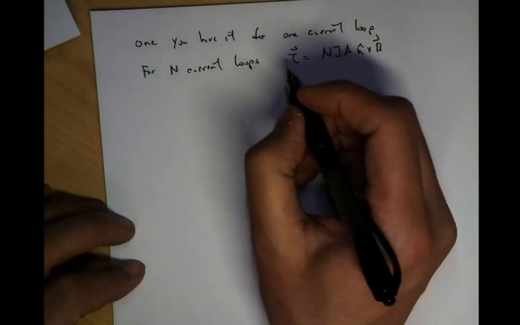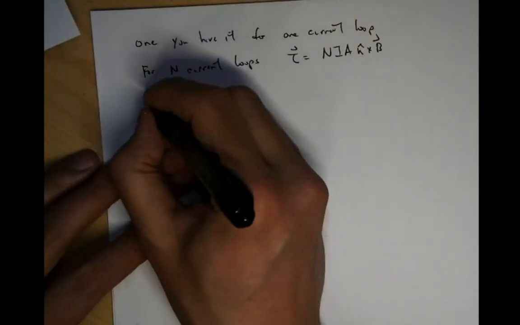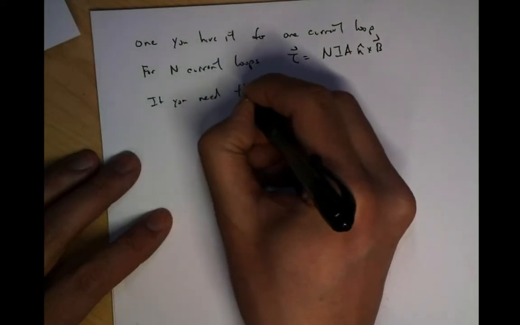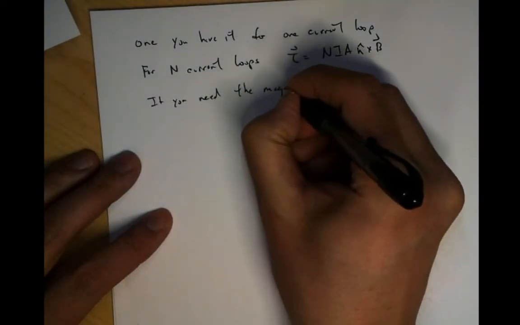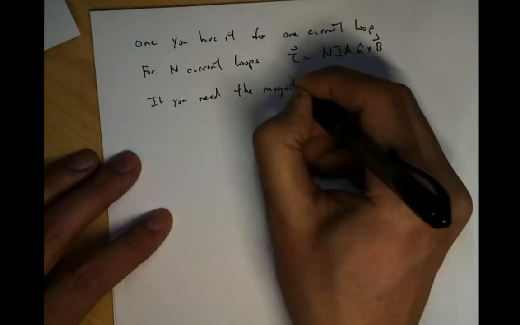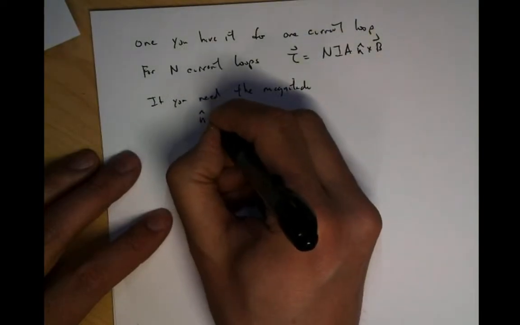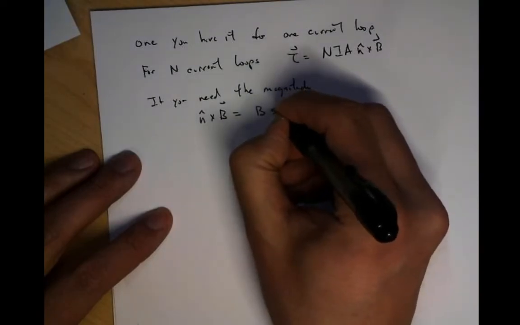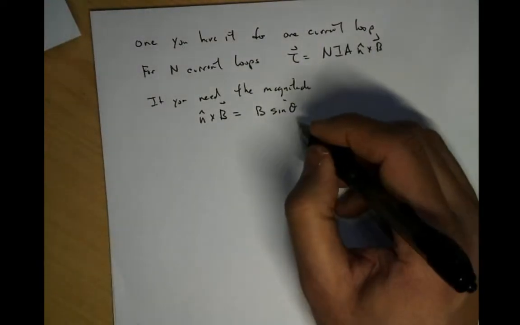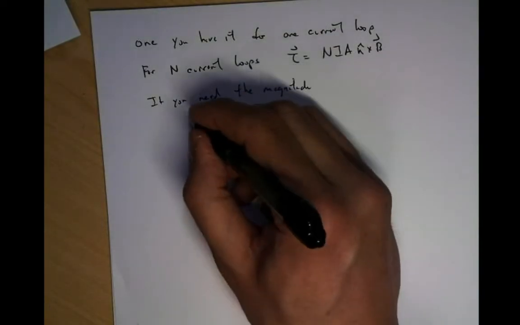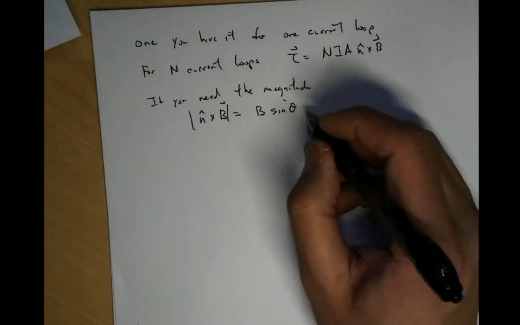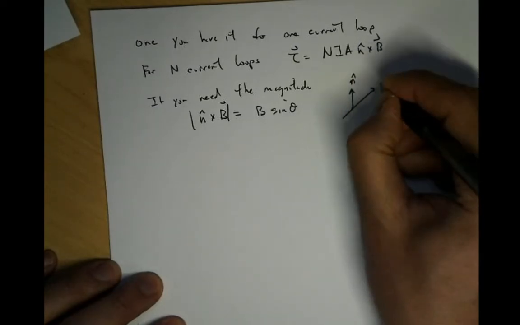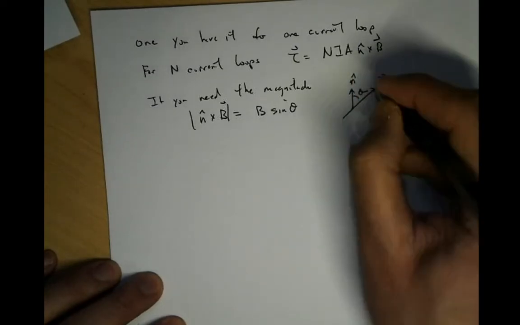And of course, if you want to get the magnitude, n hat cross B is just B sine theta, okay? Where this angle theta is the angle between the n hat vector, the normal vector, and the B field.